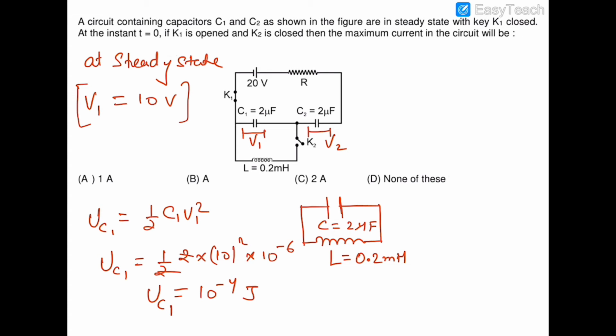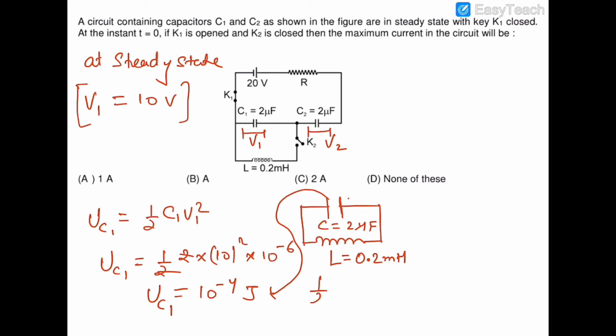So the energy stored in this capacitor is 10 raised to power minus 4 joules, and the current in the circuit would be maximum when this complete energy of the capacitor has been transferred to this inductor.